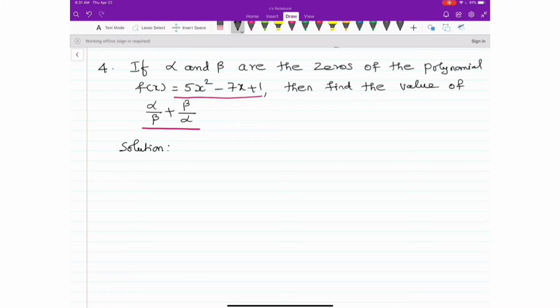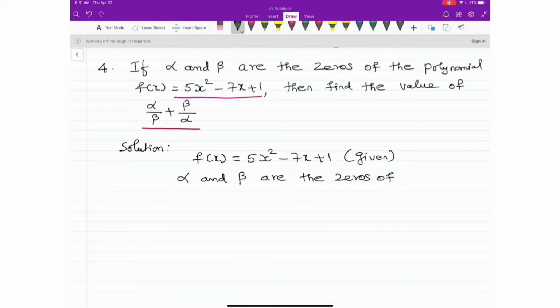What is the polynomial given to you? F of x is equal to 5x square minus 7x plus 1 is given. What else is given? Alpha and beta are the zeros of the polynomial.